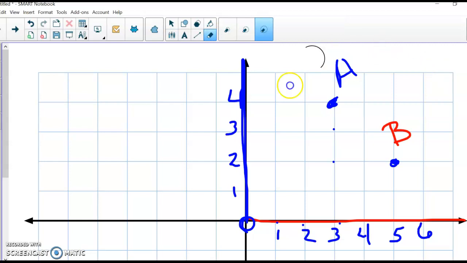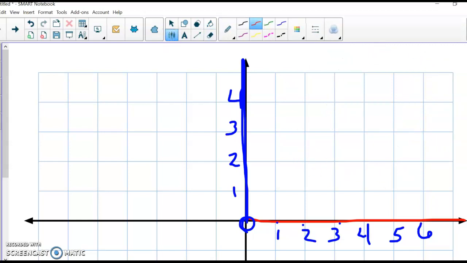Sometimes they'll ask you real world questions where they'll have kind of like a map laid out and they'll have little objects. So let's say we had a little house there and we have an L for library here. We have an S for school here.